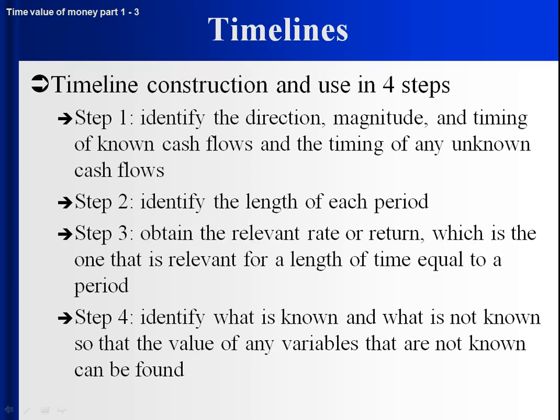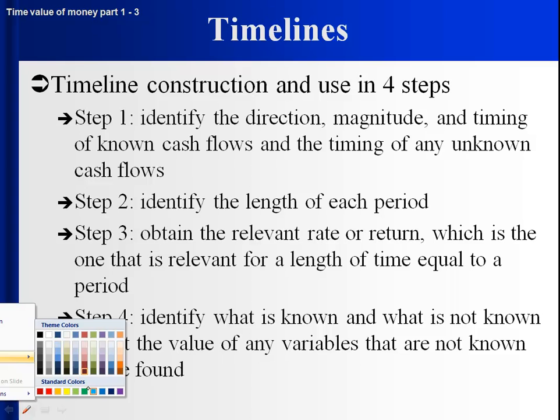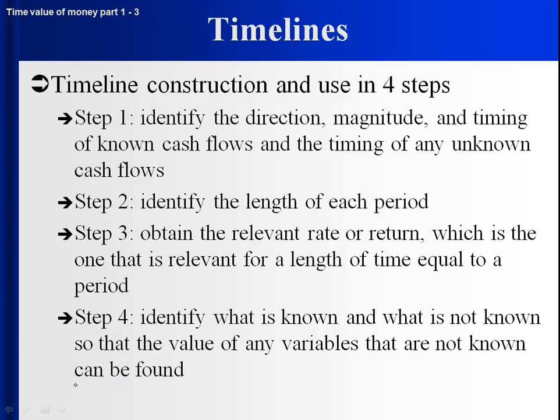Here are 4 steps to think about when putting together a timeline. The first is the cash flows, both known cash flows and unknown cash flows. The direction, which we'll talk about in a second, magnitude and timing: when they happen, how big they are, and whether they're going out or coming in. Step 2, the length of each period. So we have a timeline with notches. Does each notch represent a month or a quarter or a year?